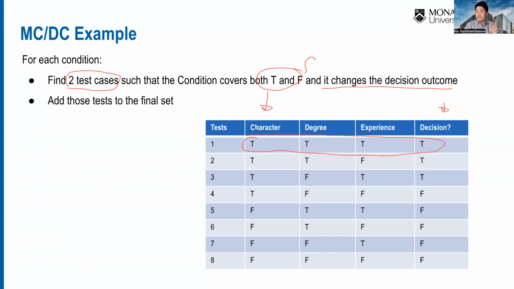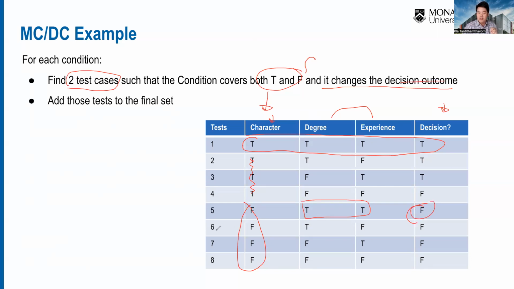This is the first test case that we want to choose. The other one, the condition here, covers both true and false. It can be any of these, but the other conditions must remain the same. It should be true too. This one, and the decision should be flipped as well. It changed the decision outcome.